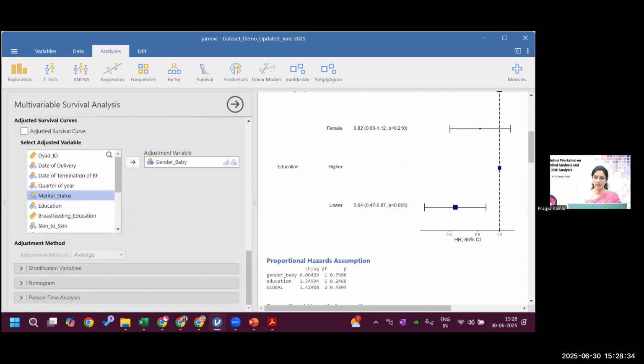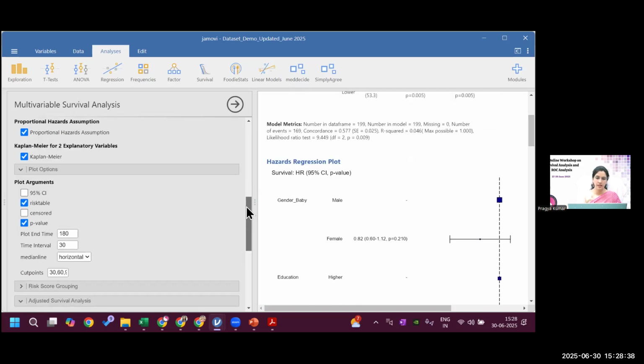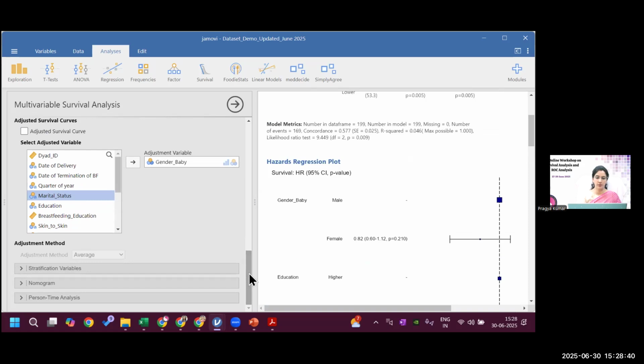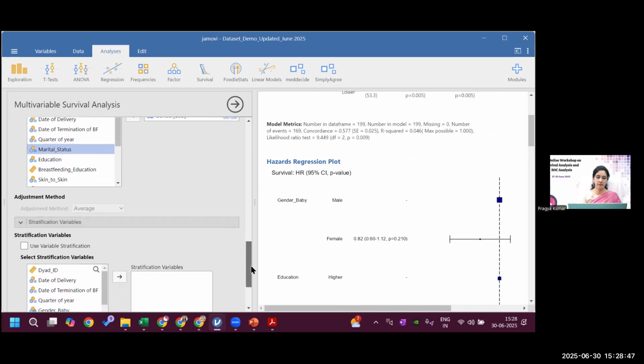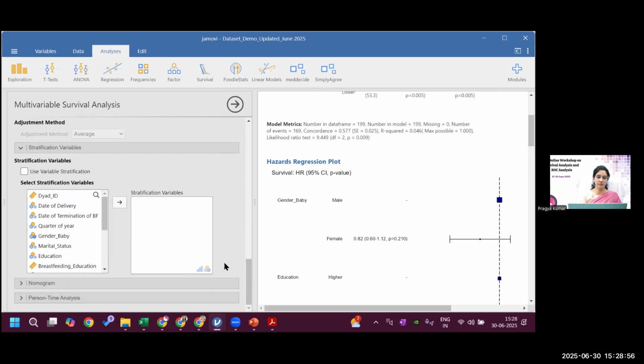So I think till now you can practice up to this point, and there are a few other options which we will tell you tomorrow, like the advanced analysis, like stratification. Remember we discussed that variables which are not having the proportional hazard assumption, you can stratify. So the use of stratification and the person time.